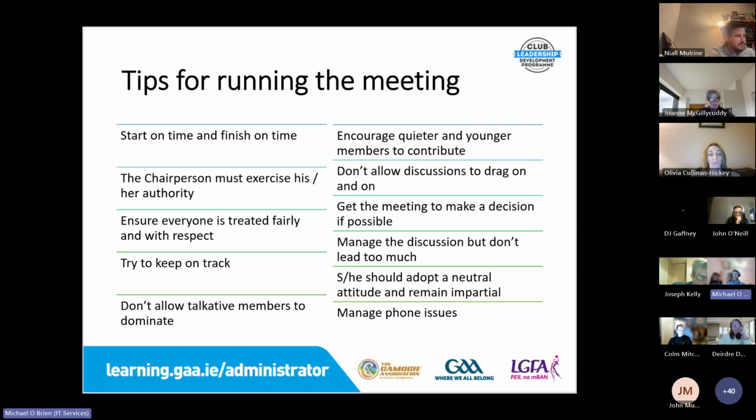As chairperson, you need to exercise your authority. You are chair of the meeting. If you feel the meeting's running over or going off track, you need to exercise your authority. You need to ensure that everybody is treated fairly and with respect. You need to keep things on track. You don't want things dragging on.